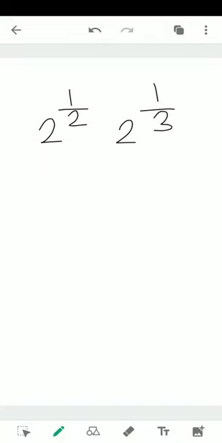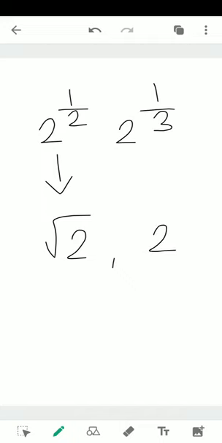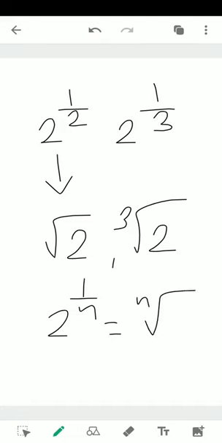Many of you will be very much familiar that 2 to the power half is nothing but root 2, and 2 to the power 1 by 3 will be cube root of 2. Similarly, if I have 2 to the power 1 by n, then I should write nth root of 2. So this is what it means whenever I am expressing the exponent in fractions or in rational numbers. This symbol that we have been using in the roots is known as radicals.